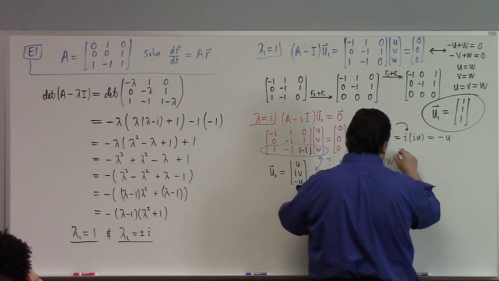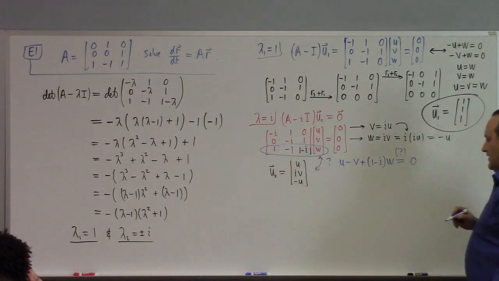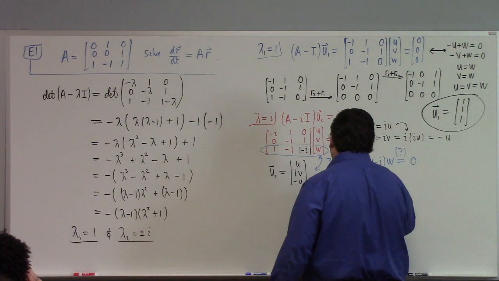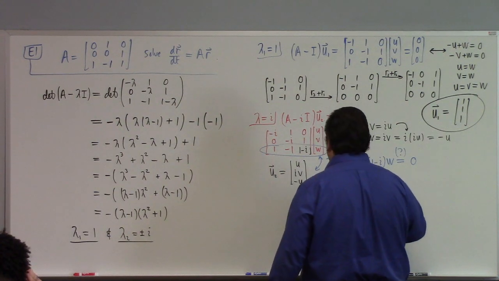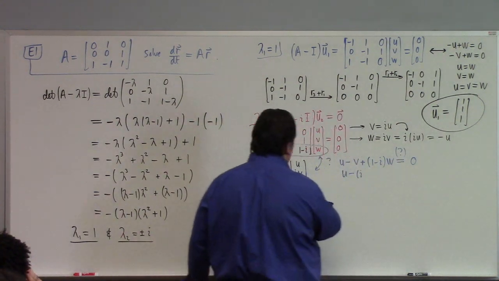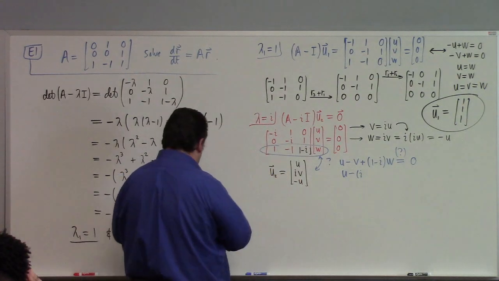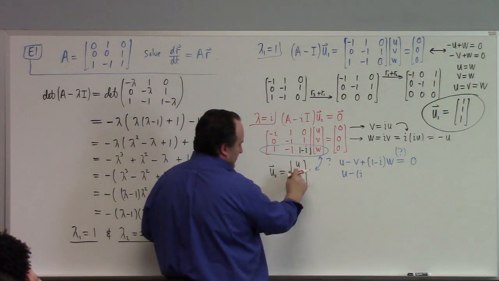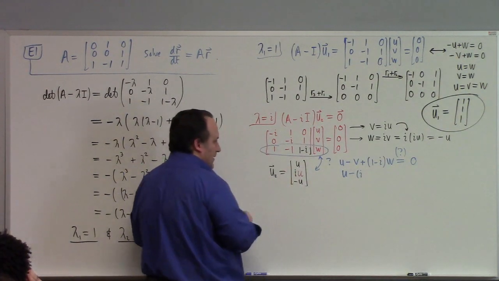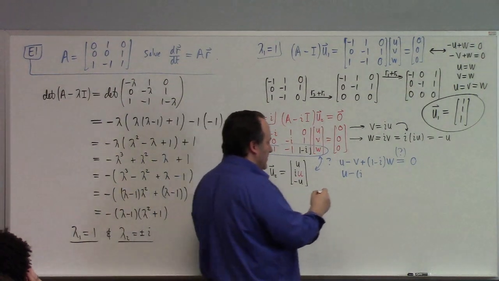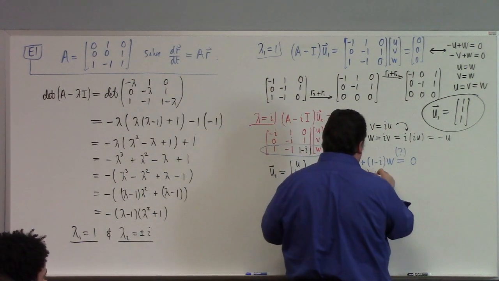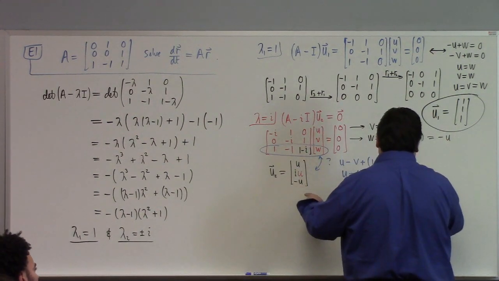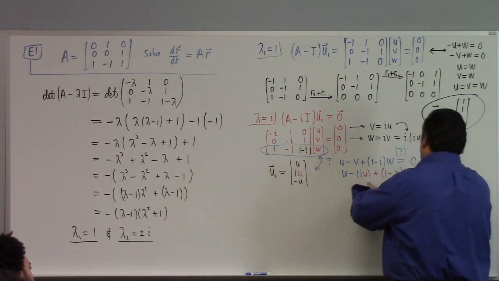Is it? Let's try it out. So I've got u minus iu plus 1 minus i times w, which was minus u. Does this all work out to 0?